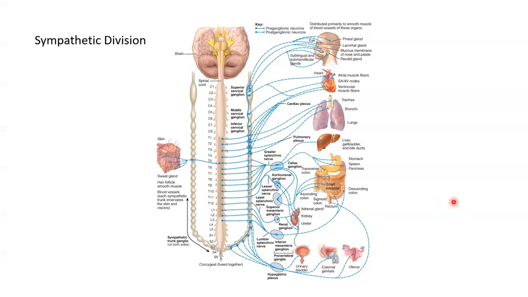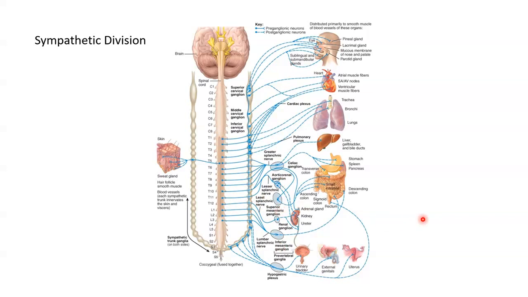It's also important to note that a single sympathetic preganglionic neuron can have many branches of the axon, meaning that it can synapse with up to 20 different postganglionic neurons.